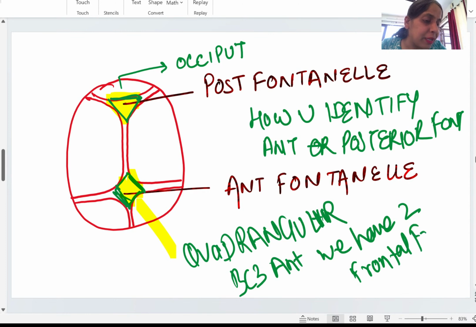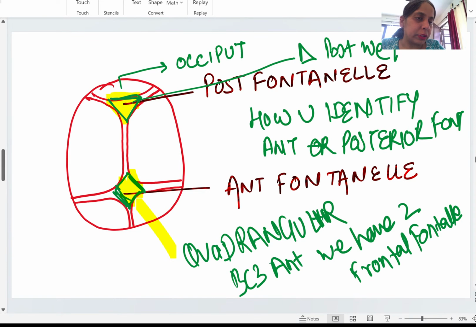Posterior fontanelle is triangular in shape because posteriorly we have only the occiput. Occiput is flat.